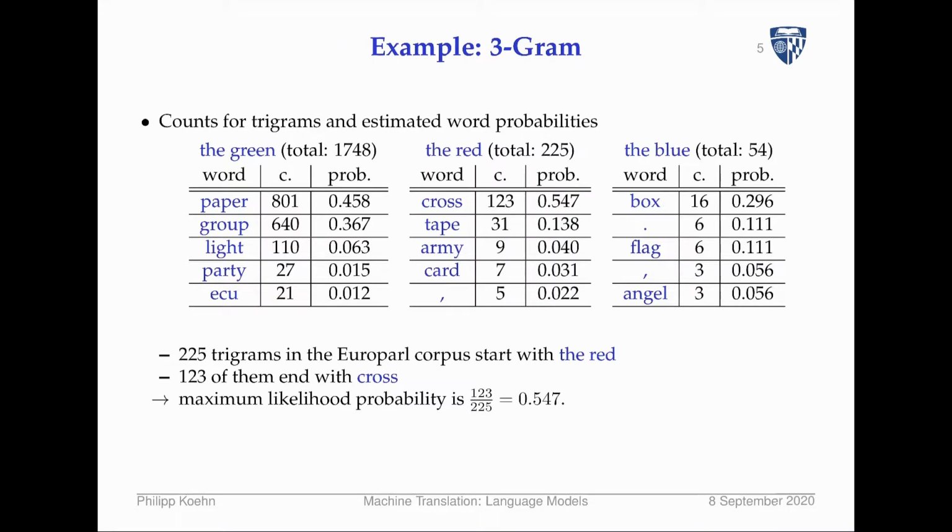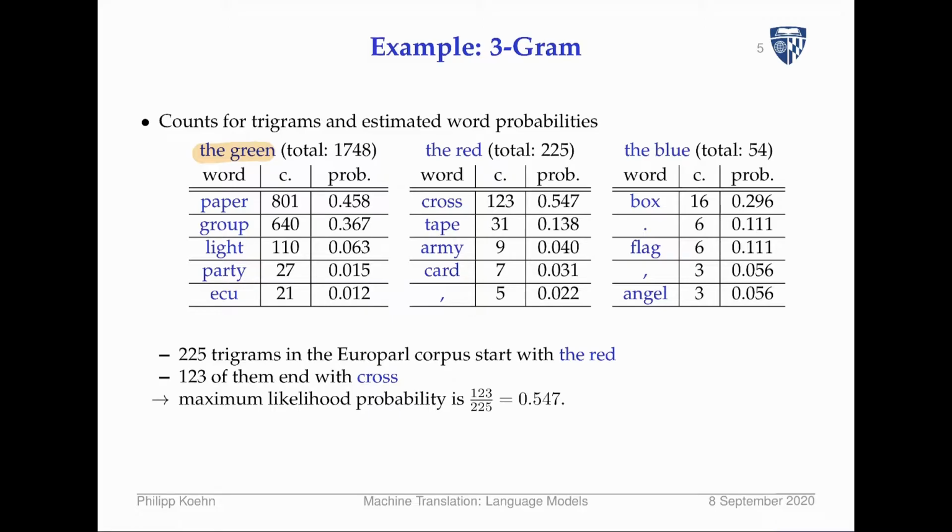Let's see how that works out. So here are some examples. This is from our European Parliament corpus. And we just look at a bunch of sequences of words. So now we actually have a trigram language model, or a 3-gram language model, where we look at different conditioning contexts. Let's start with the green.